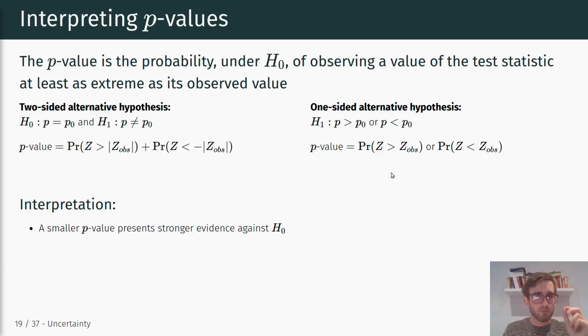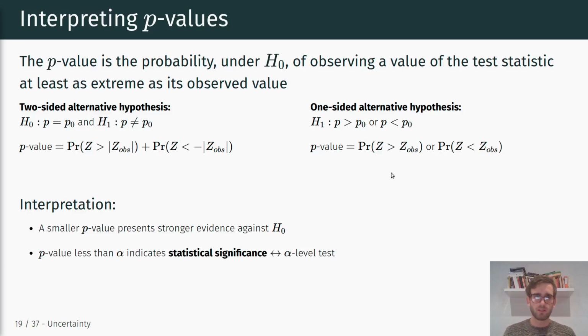So if the probability of observing such a test statistic in our single sample is incredibly small, then that suggests that the null hypothesis is unlikely to be true, right? So a smaller p-value presents stronger evidence against our null hypothesis, right?